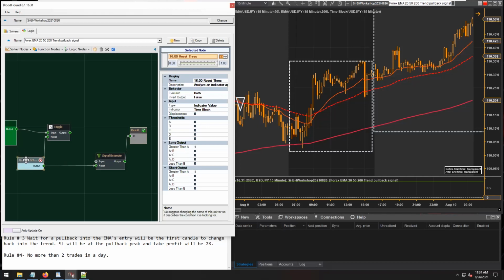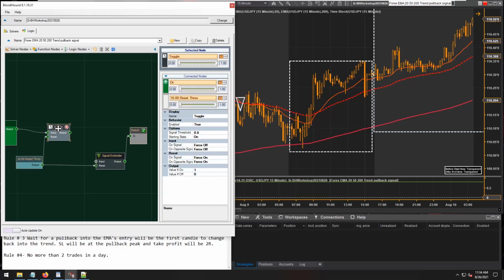So I have one that is resetting my toggle node right when the Asian session begins. And so now I need another threshold node that's identifying when the signal period can begin.